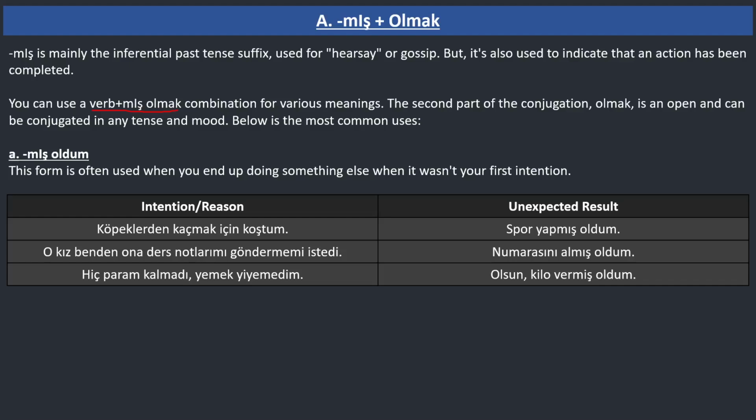Okay, so başka ne örnek verebiliriz? What else can we have here? So, hasta oldum, kilo vermiş oldum. Yes, I got sick, but as an unintended but kind of positive result, I lost weight.